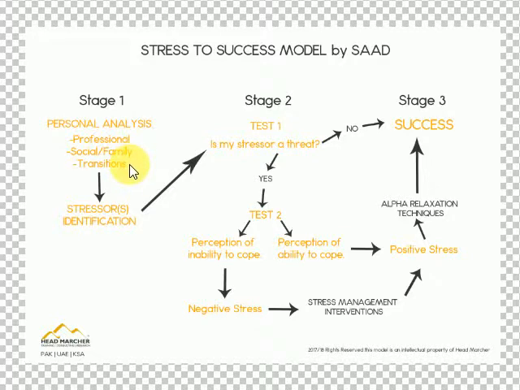Transition here means that sometimes we immediately get from one stage to another stage, and that transition is very difficult for some people to actually digest and to smoothly move from one stage to another. Let's take an example of a very disastrous situation.